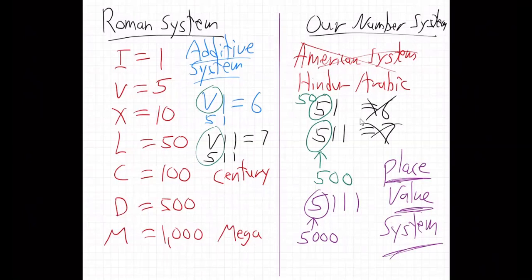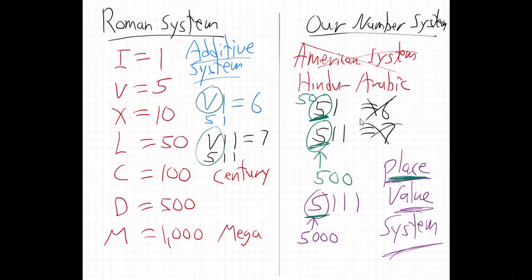Our system is a place value system, meaning that numbers have different values depending on their place. If a 5 is in the second place, it's 50. If it's in the third place, it's 500. If it's in the fourth place, it's 5,000. The value of a symbol depends on its place.